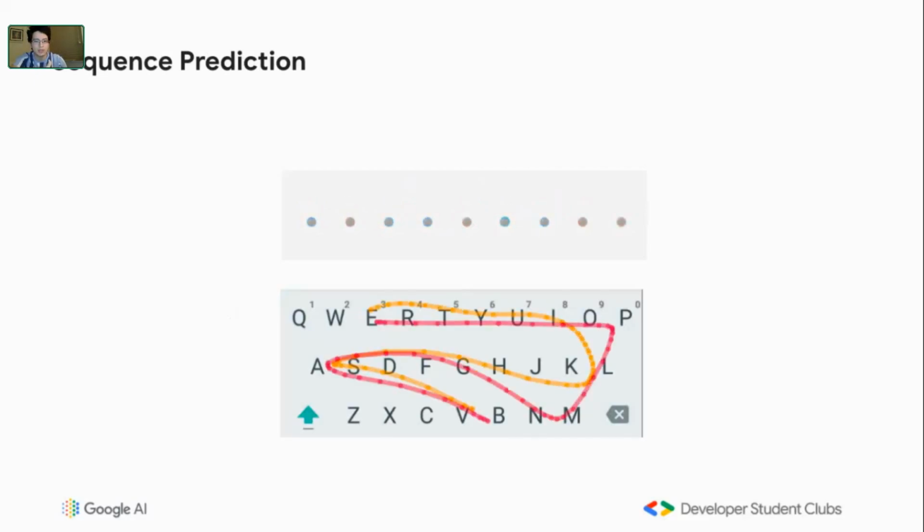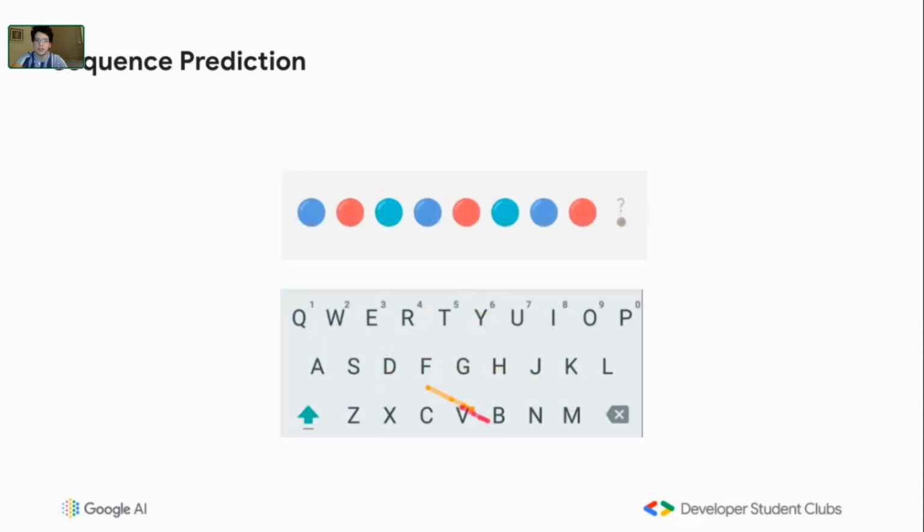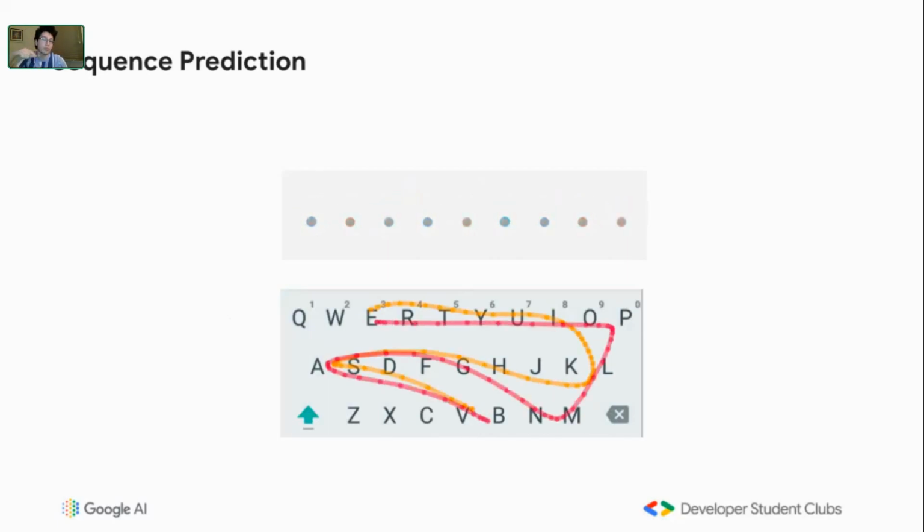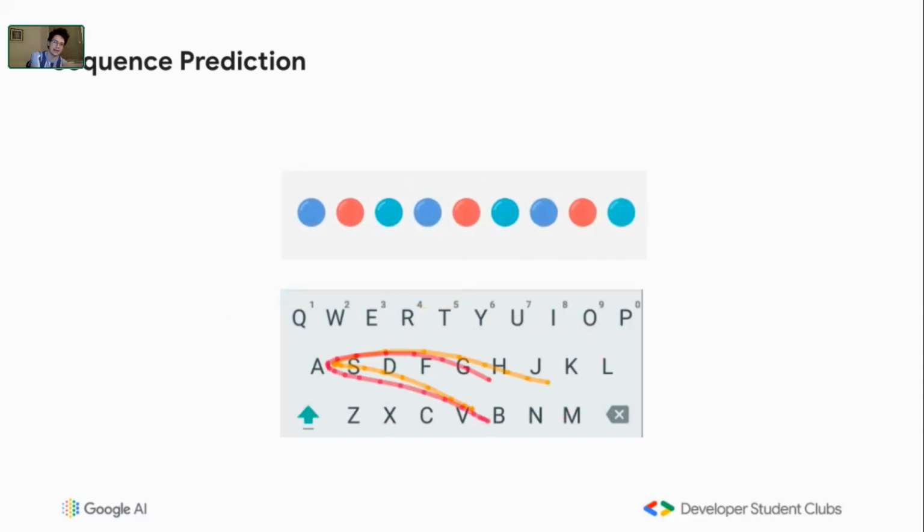But this is a type of machine learning, and it checks your spelling for you, or it might estimate what word you're going to write based on the previous letters. What you want to think about with sequence prediction is it's thinking about what you did last, right?